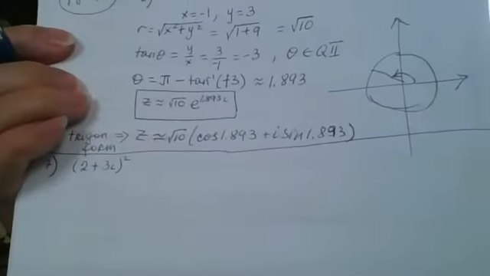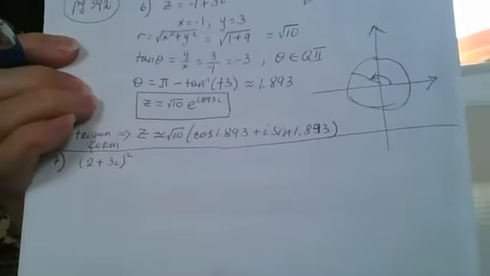This is again from page 392. Problem number 7 is (2 plus 3i) squared.